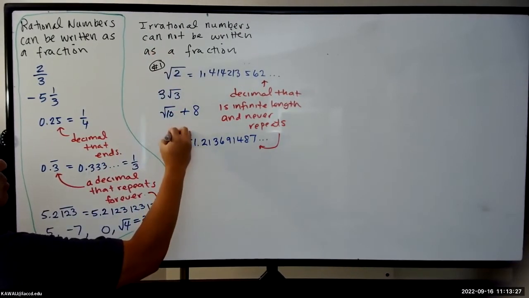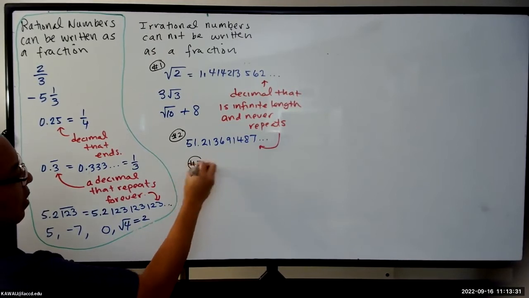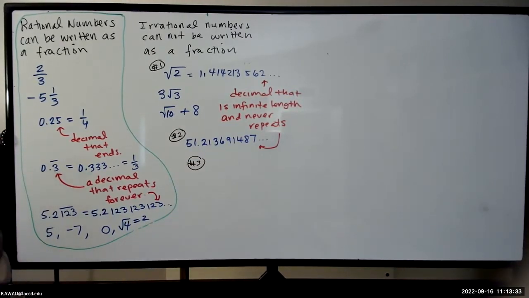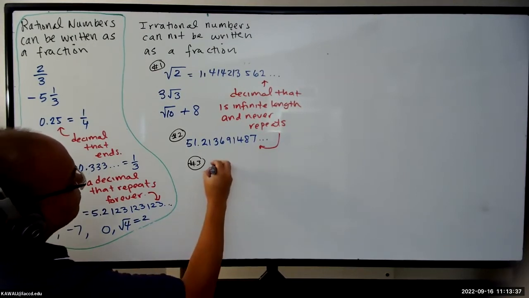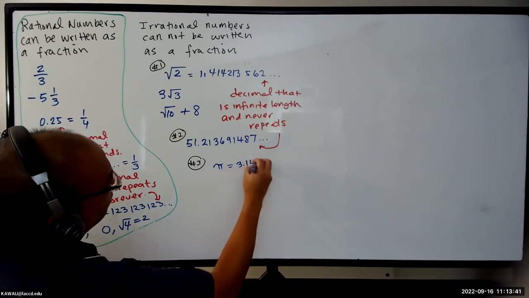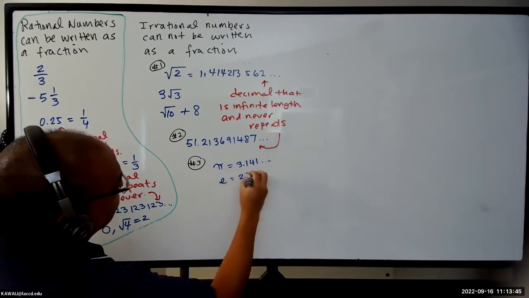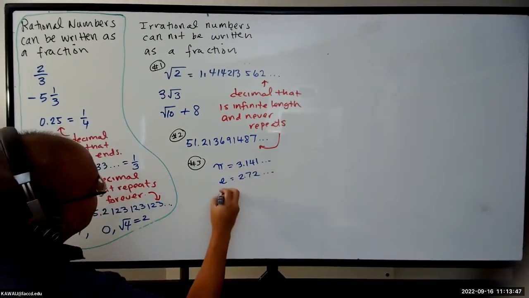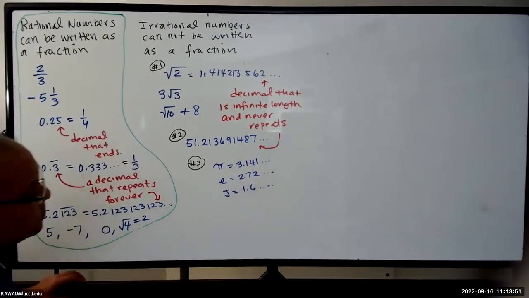Here is number 2. And number 3 are basically Greek letters. So if you have something that looks like pi, pi is equal to 3.141 dot dot dot, or e is equal to 2.72 dot dot dot. And sometimes they may have tau, 1.6 dot dot dot.